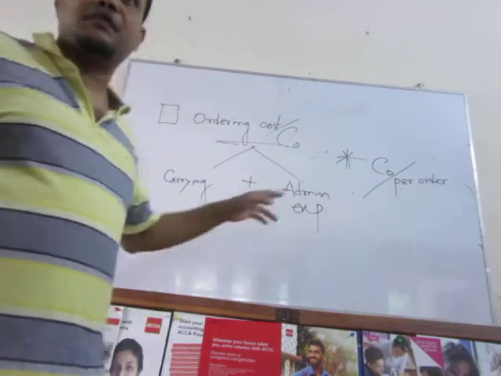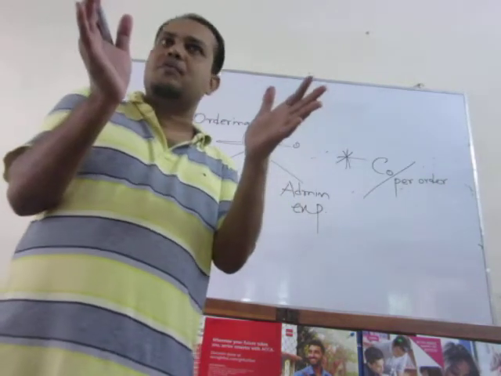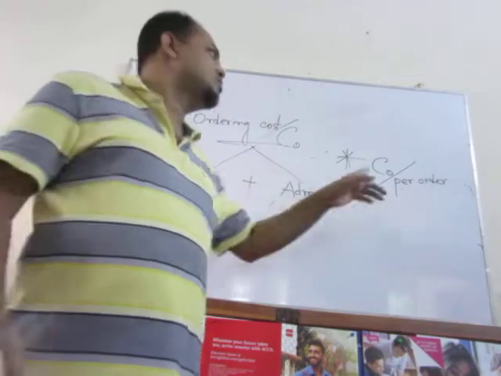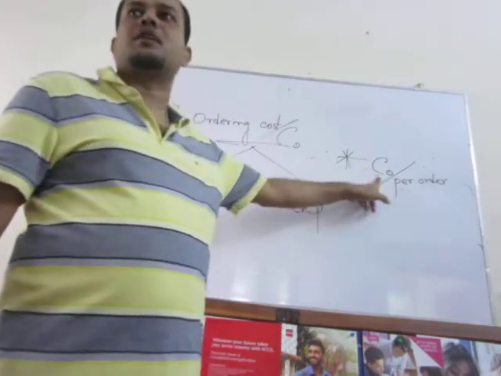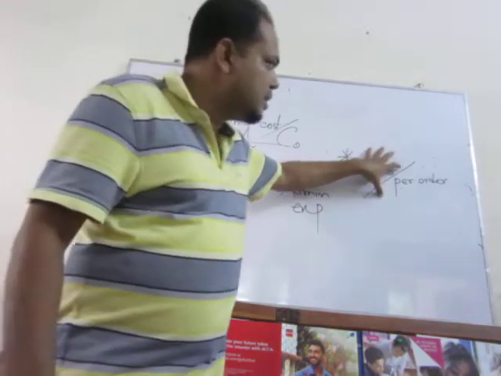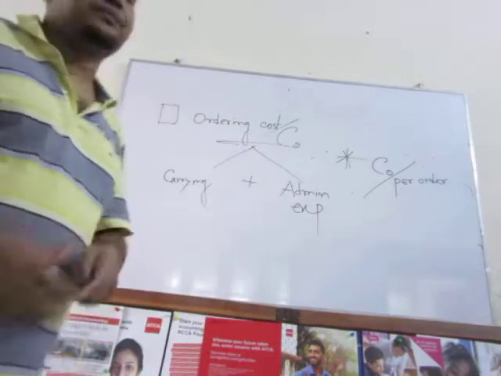Quantity doesn't matter here. Whatever quantity is provided, the cost that arises in that specific order is the same. Here the order is the thing, quantity is not the factor. Clear? So for each individual order you need some specific amount, that is ordering cost.